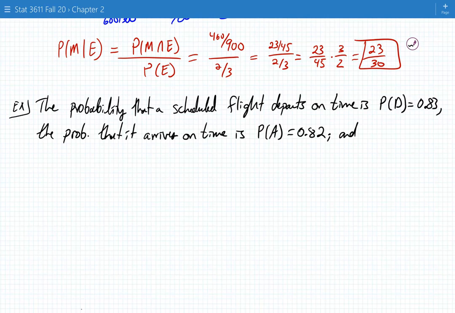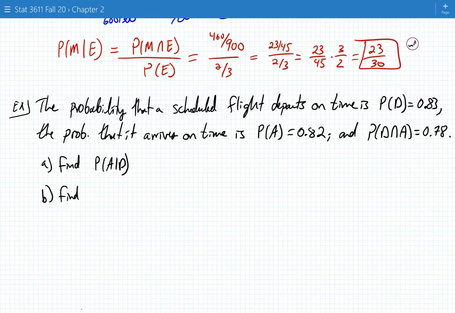And the probability that it departs on time and arrives on time, that's D intersect A, is 78%. So let's find the probability of A given D, and let's find the probability of D given A, and compare.